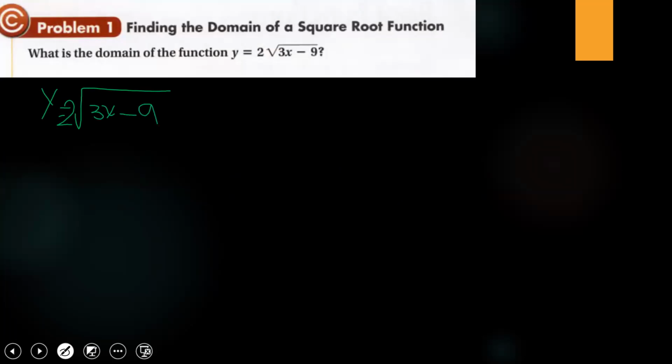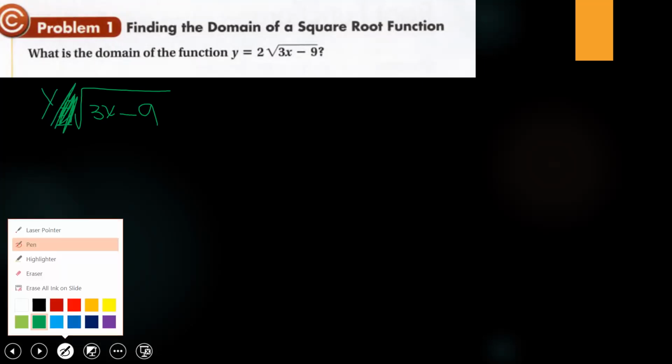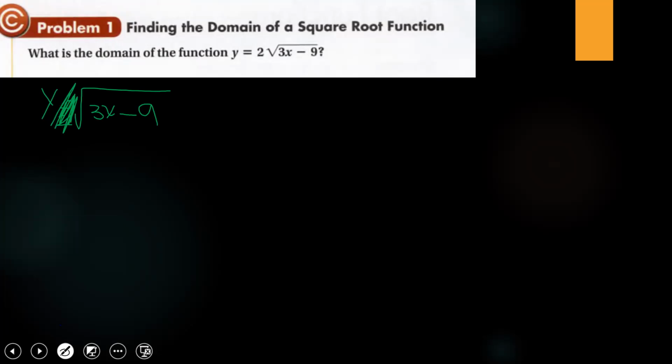To find the domain, look at the expression under the square root. Don't look at the 2. Which expression is under the square root? 3x minus 9, bravo. Take only the 3x minus 9.